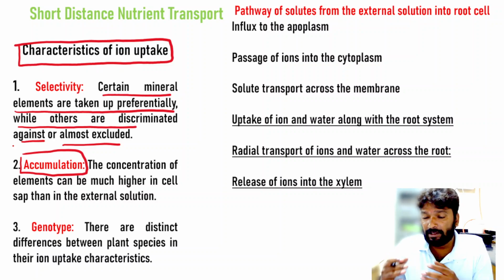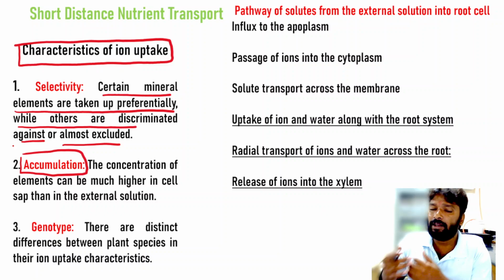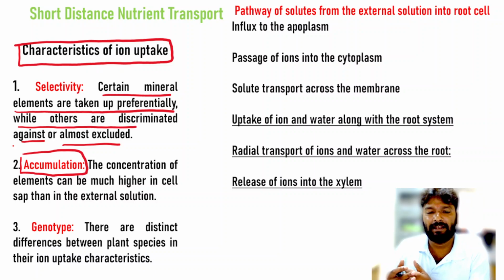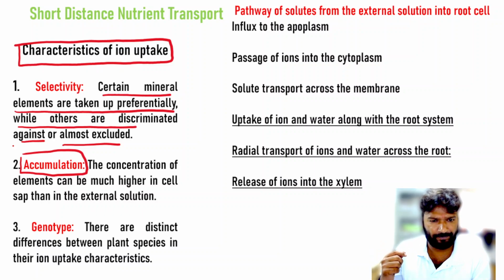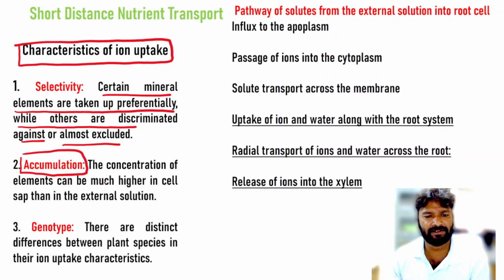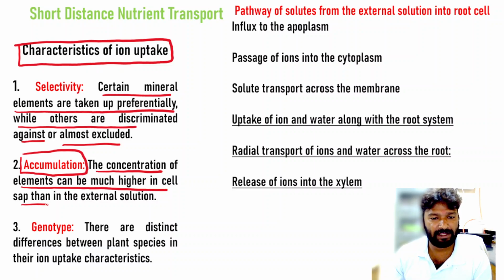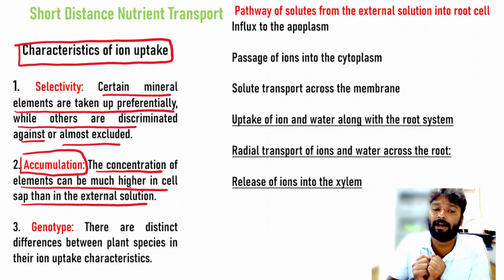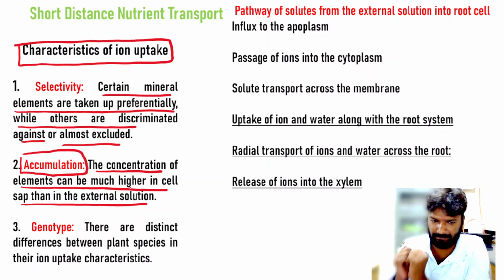So they accumulate nutrients which are required in higher concentration, and less accumulate those required in less quantity. What we need more, we accumulate more. Like some plants are known as hyper accumulators. The concentration of elements can be much higher in the cell sap than in the external solution. Means they are actively taking up and accumulating them.